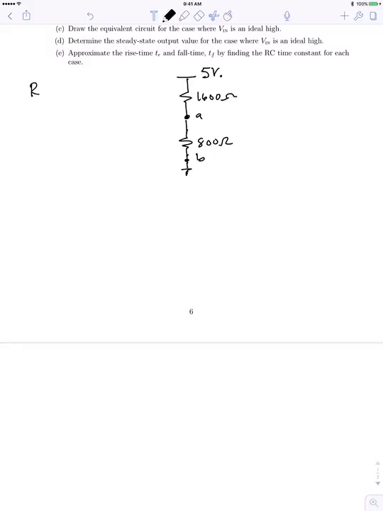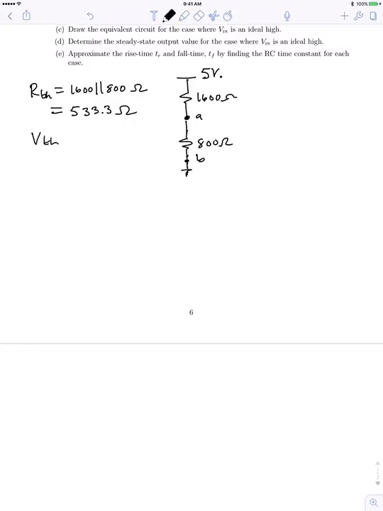We know that the equivalent resistance, R Thevenin, is 1600 in parallel with 800 ohms. And when you work that calculation out, you get 533.3 ohms. And then the voltage, V Thevenin, is a voltage divider between 800 and 1600.